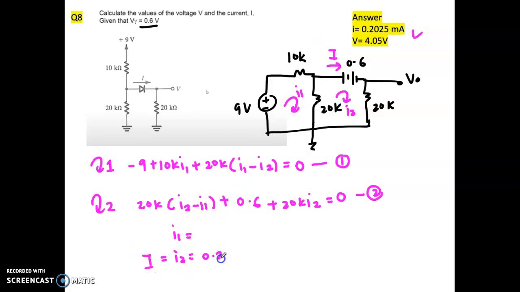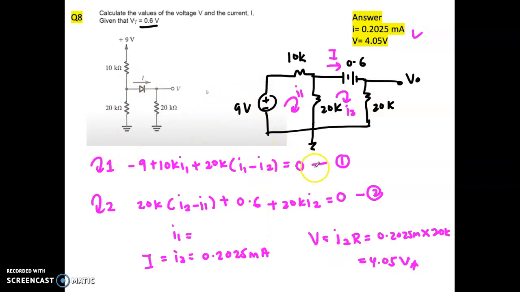So you can get here 0.2025 milliampere. And how about the voltage? V equals, Ohm's law, right? V equals I times R, because this I is the same as I2. So you just multiply 0.2025 milliampere by 20K and then you can get 4.05 volt. Okay.